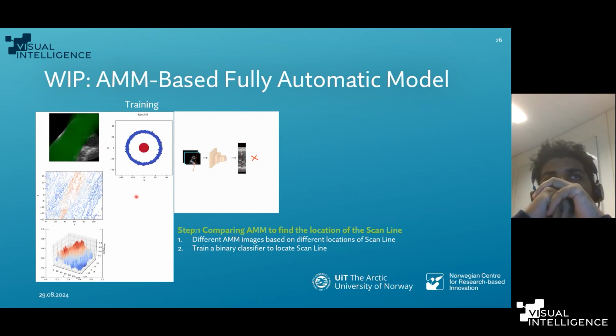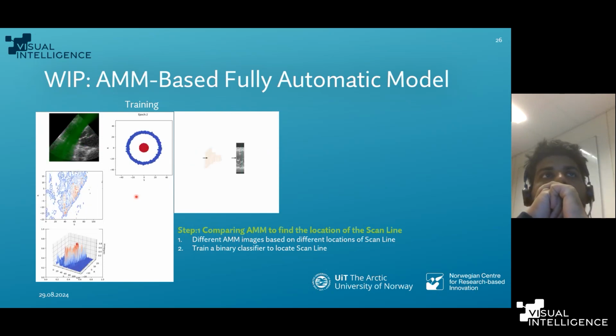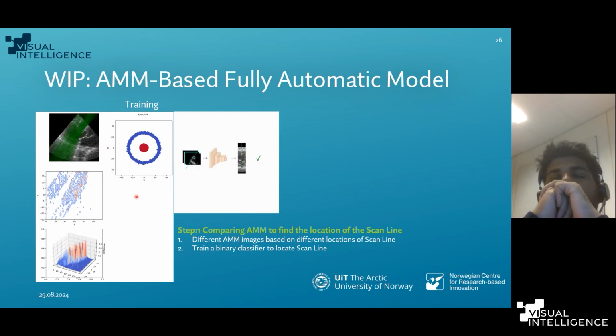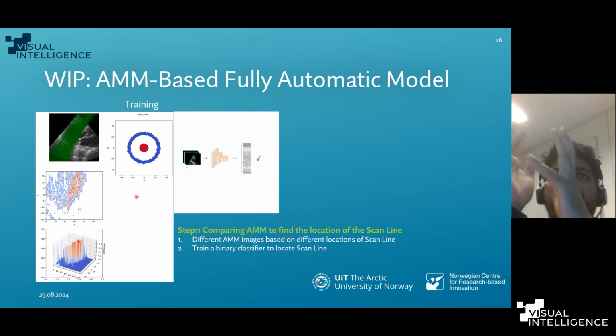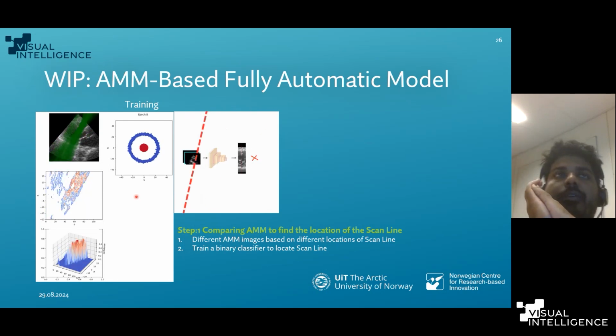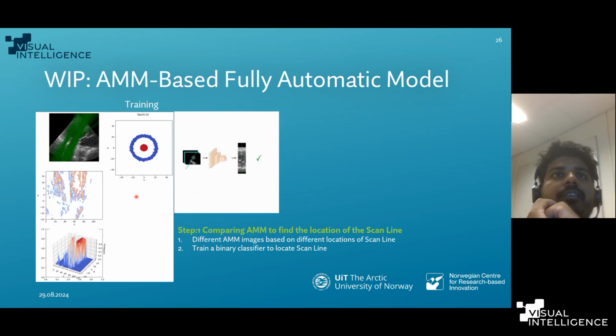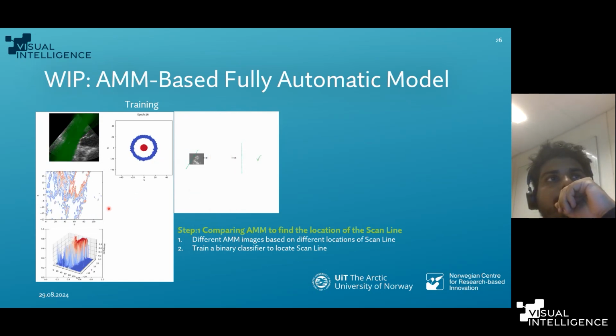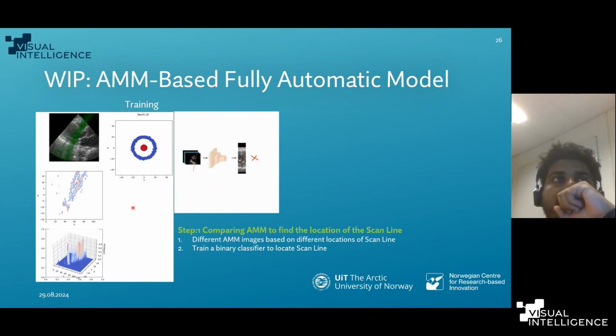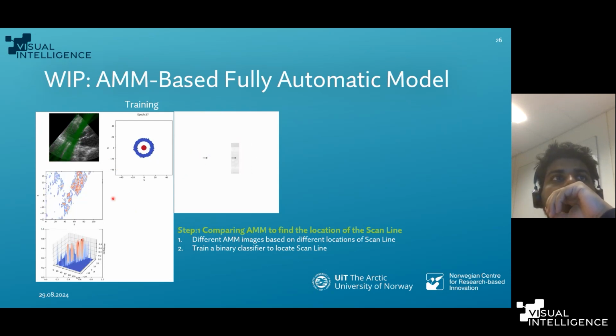Now we are thinking to make the model fully automatic, but keep all the nice properties of the AMM images, since assigning the landmarks is a little bit easier. This work is in progress and I'm currently doing some experiments, but I thought I should share some updates on what I have been doing.